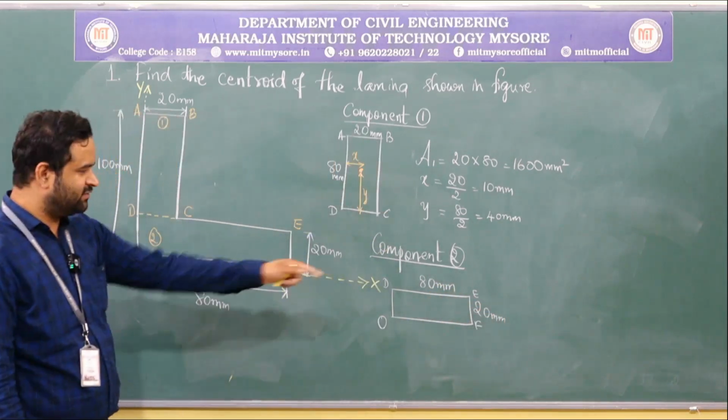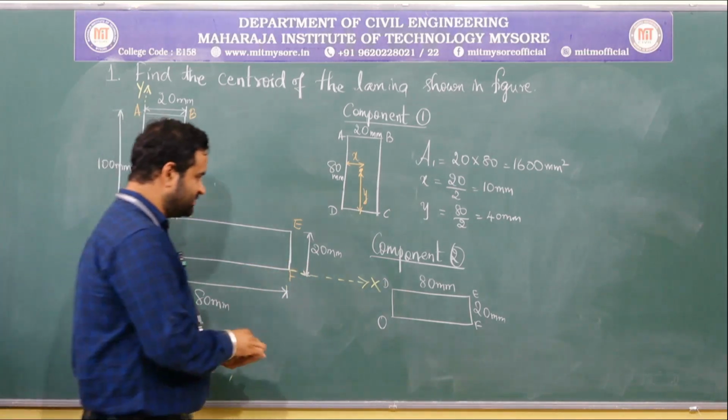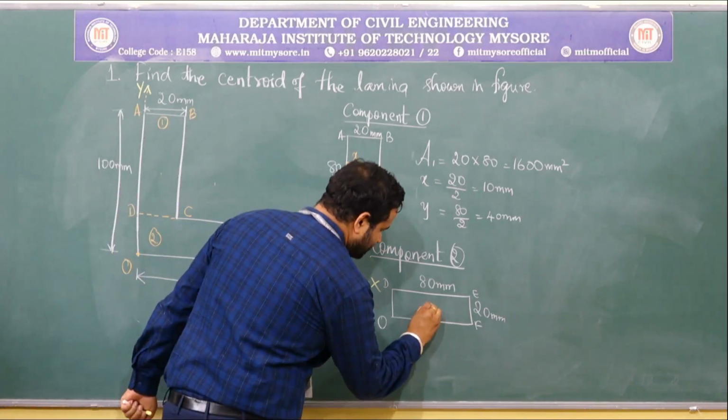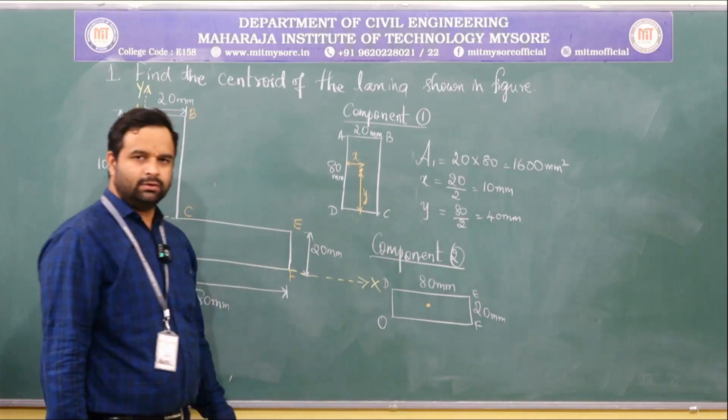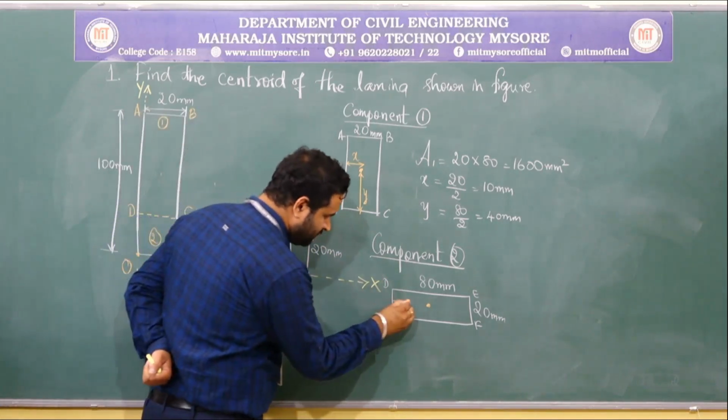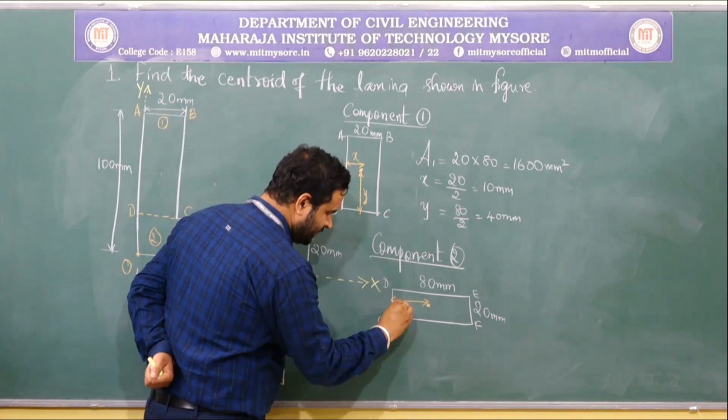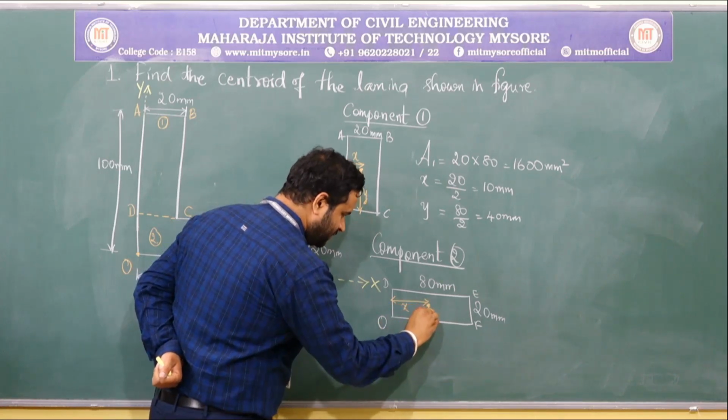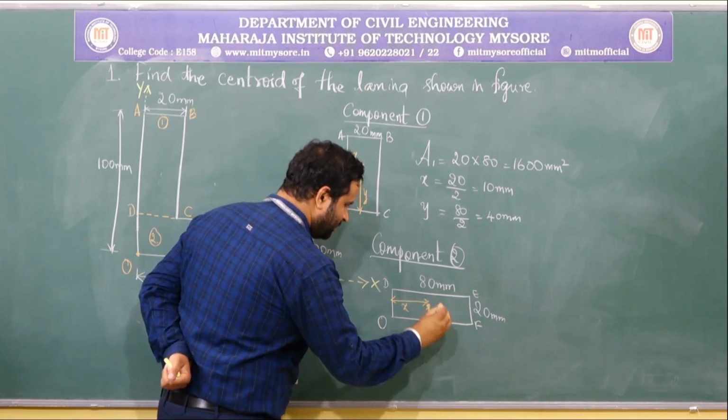So where does the center of this component lie? It lies exactly at center. So from here to here it is x component, and from here to here it is y component.